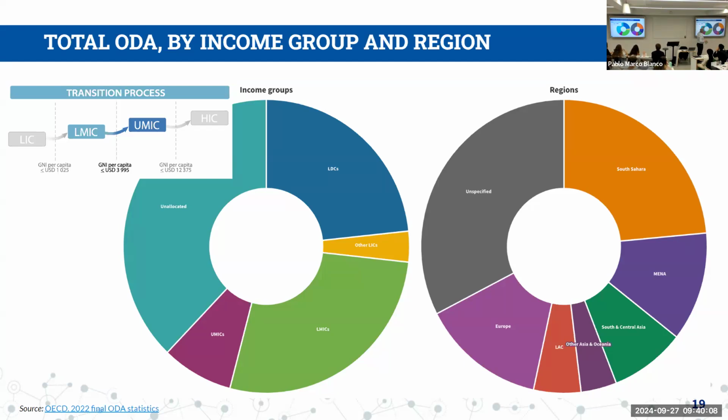Traditionally, high income countries were those providing most of the aid. It's changing now. Low income countries are the poorest. So, for example, China is now considered an upper middle income country, and India is considered a lower middle income country. For you to have an idea.